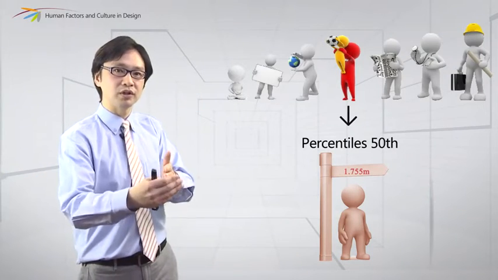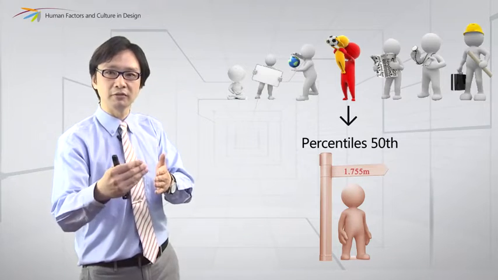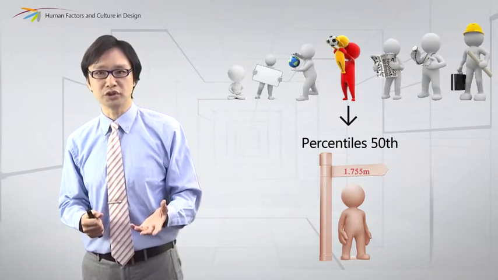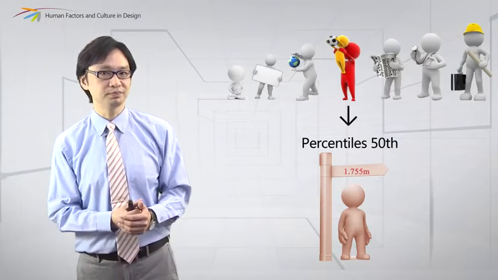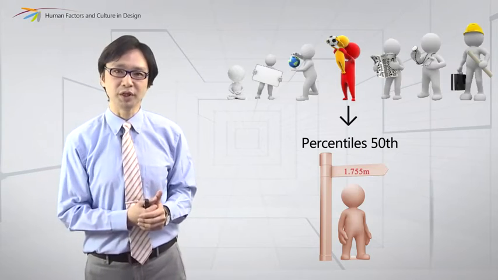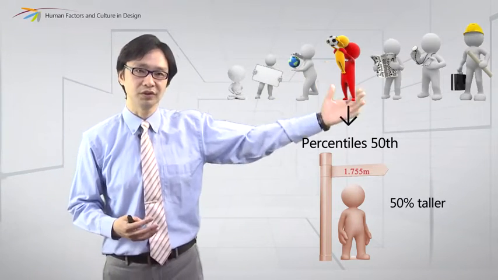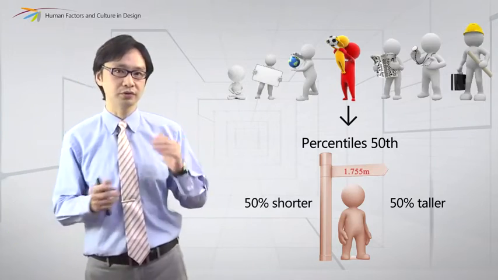And the 50th percentile is 1.755 meter. Remember, the data was issued in 1989, about 25 years ago. Again, 1.755 meter. So meaning about 50% of people are taller than this, and 50% of people are shorter than this.